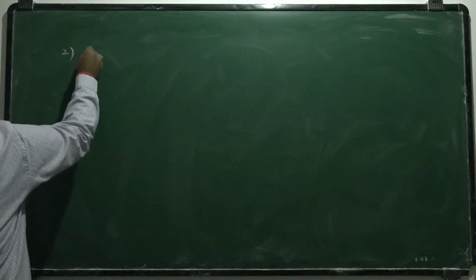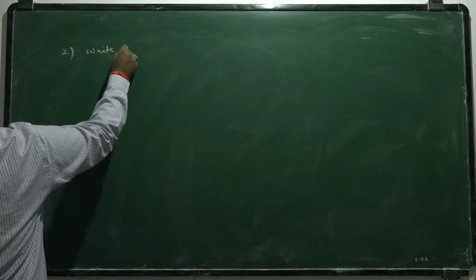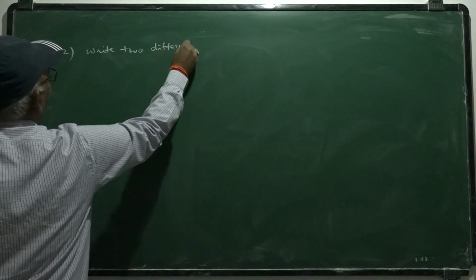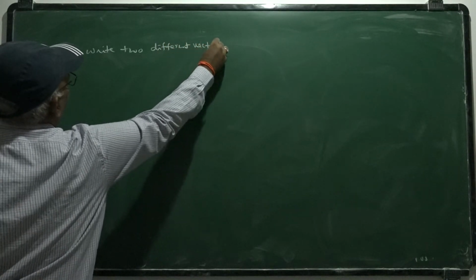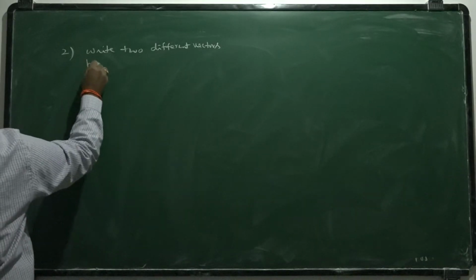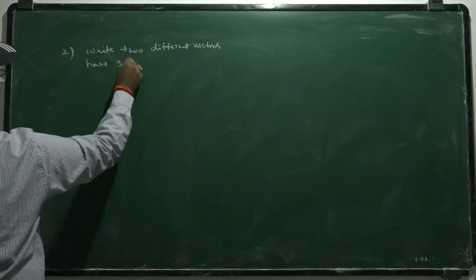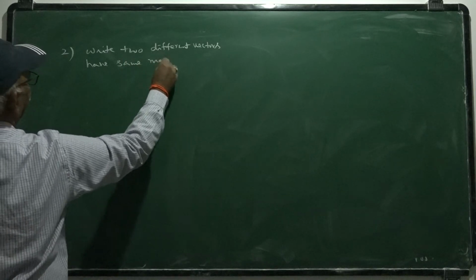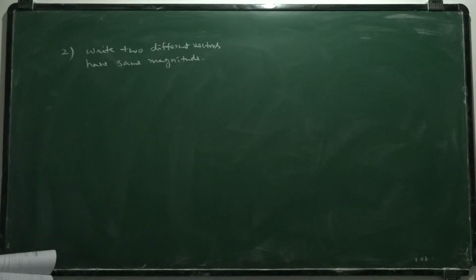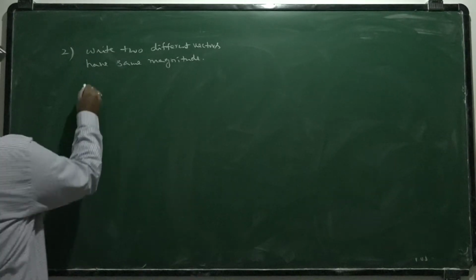Second bit. Write two different vectors having same magnitude. You have to write two different vectors having the same magnitude.